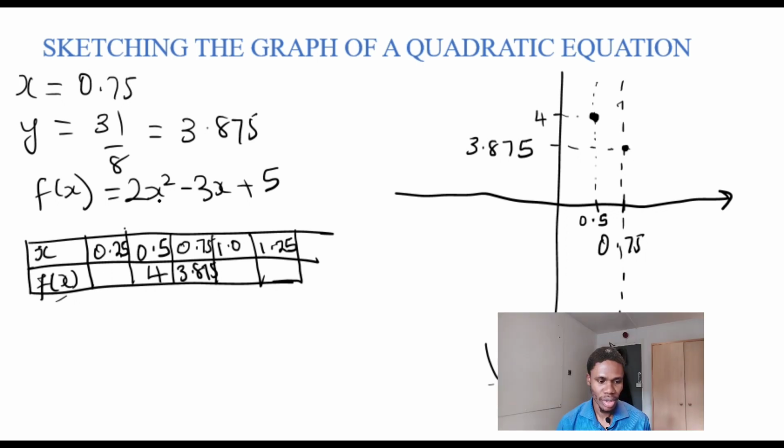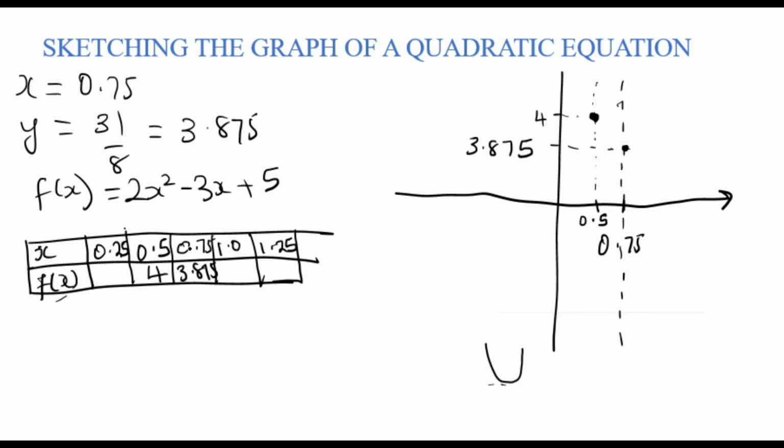Then we substitute 0.25 into the equation and solve for that one as well. And that gives us 4.375. So let's just call this 0.25.